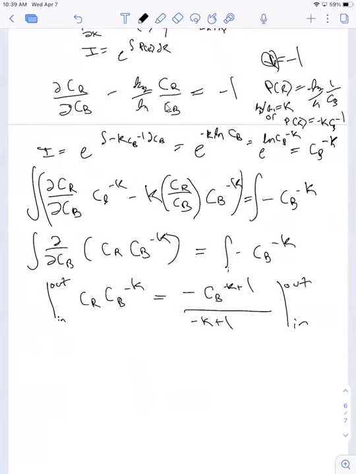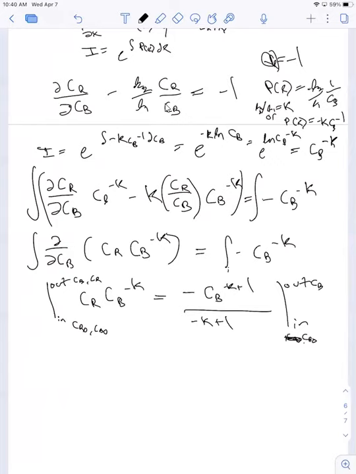And so then the limits on each side are going to be CR0, CB0, and CB, CR. Well, in this case, no CR0, so just CB0 and CB.